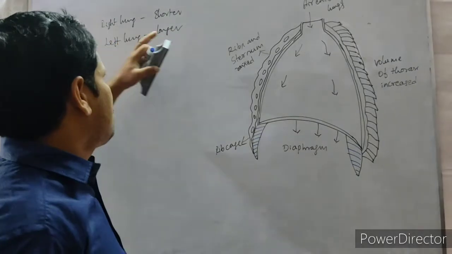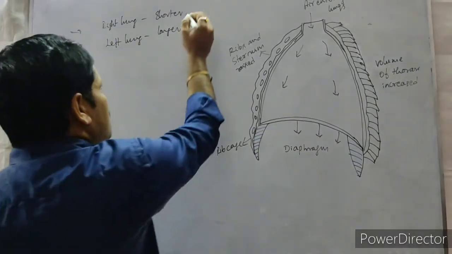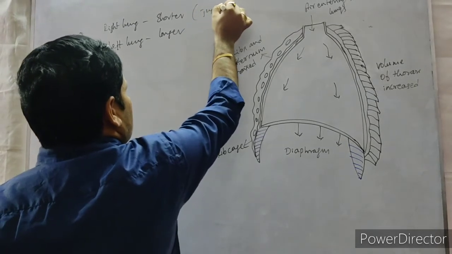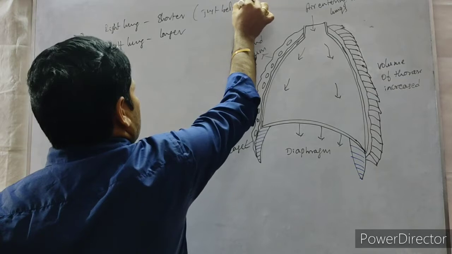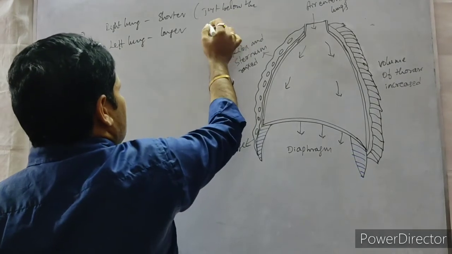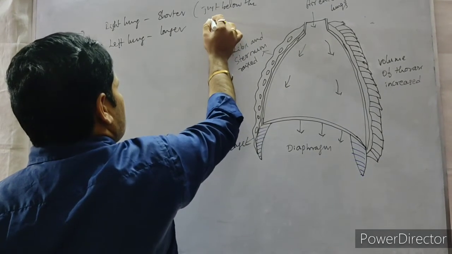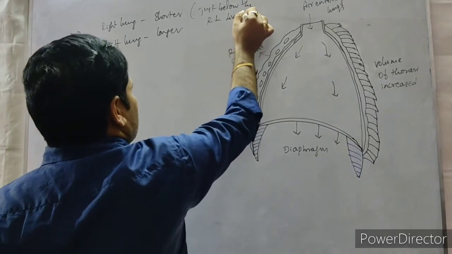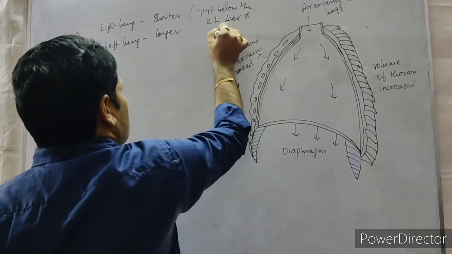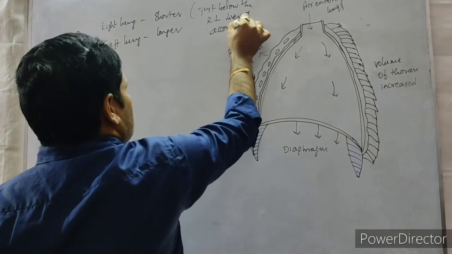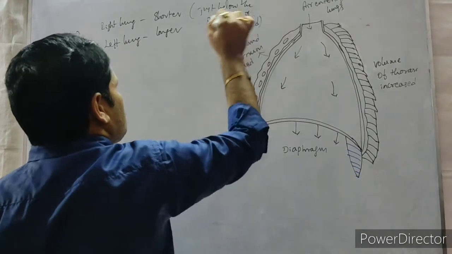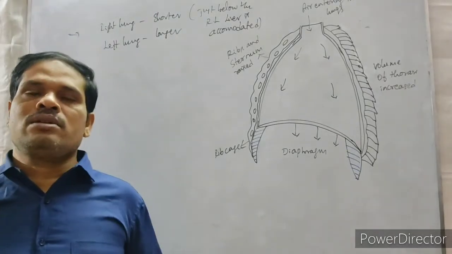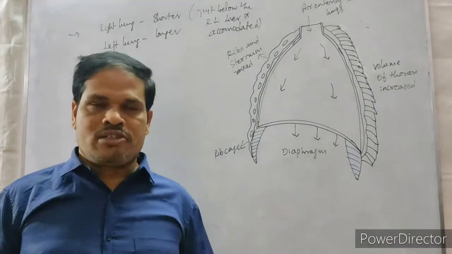Why is the right lung shorter? Only one reason. What is that? Just below the right lung, the liver is accommodated. Due to the accommodation of the liver just below the right lung, it is a little bit shorter.